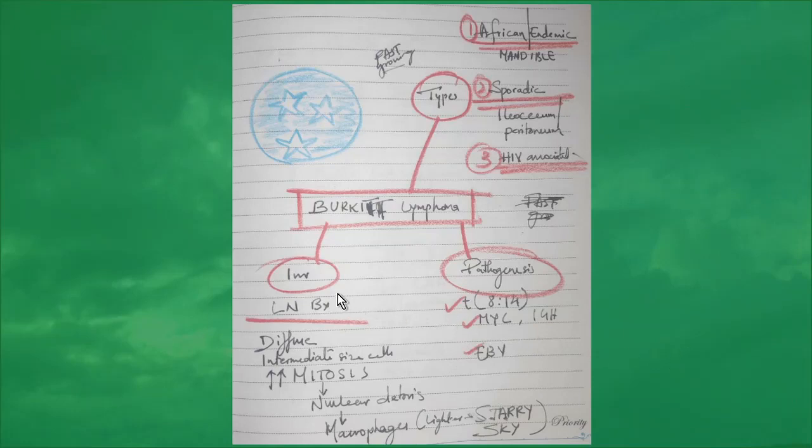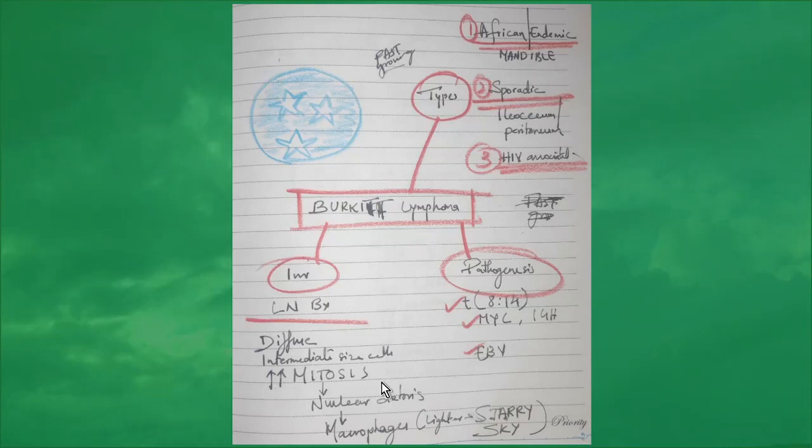And in lymph node biopsies, there is diffuse effacement of lymph node, with intermediate size cells. Like we saw earlier, SLL and follicular lymphoma are small cells, and diffuse DLBCL is large cell. Here it is an intermediate cell lymphoma. The most important thing is there are a lot of mitoses.